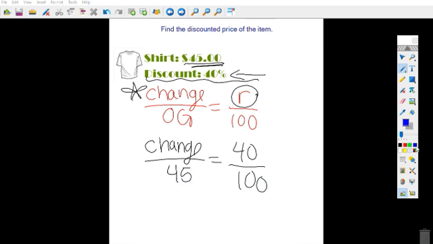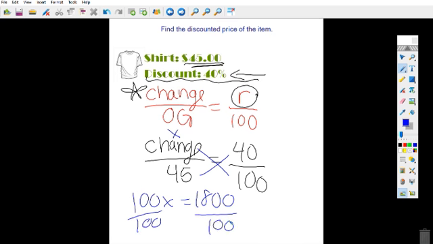Now, we cross multiply. Okay, for change, I'm just going to call it x for now. Okay, so we get 100 times x equals 45 times 40. Okay, do that in your calculators. 45 times 40 should be 1,800. Then you divide by 100 on both sides.